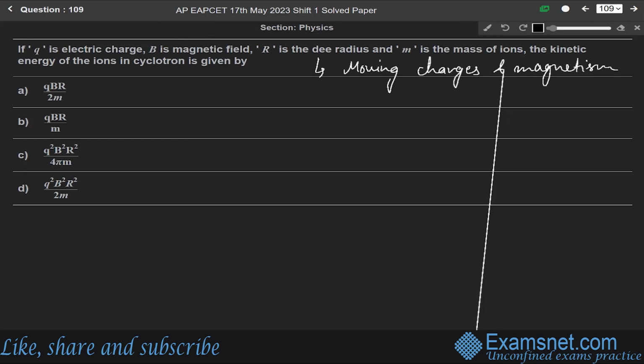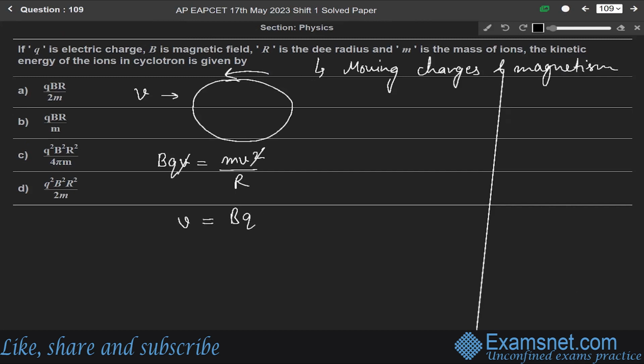According to the question, if v is the speed of the ion in circular orbit, we know the relation BQV equals mv square over r. So from here, v will be equal to BQR over m.